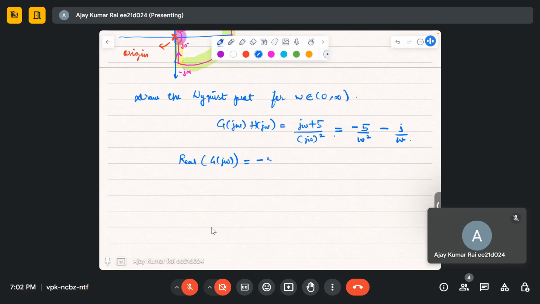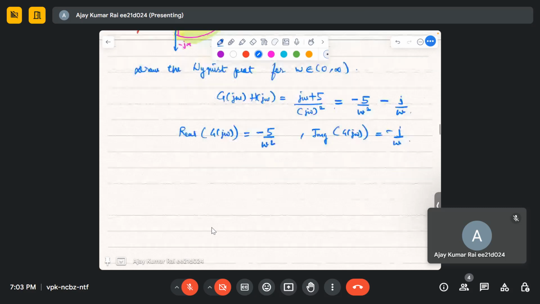So the real part is minus 5 by omega square and the imaginary part is minus j by omega, okay?